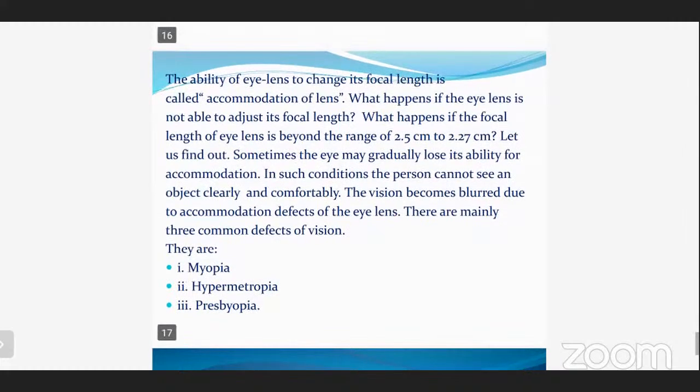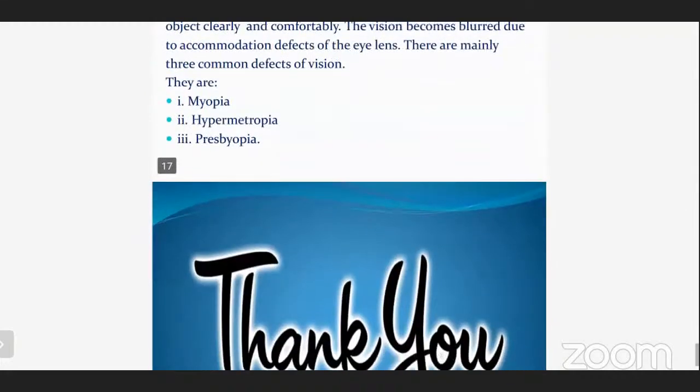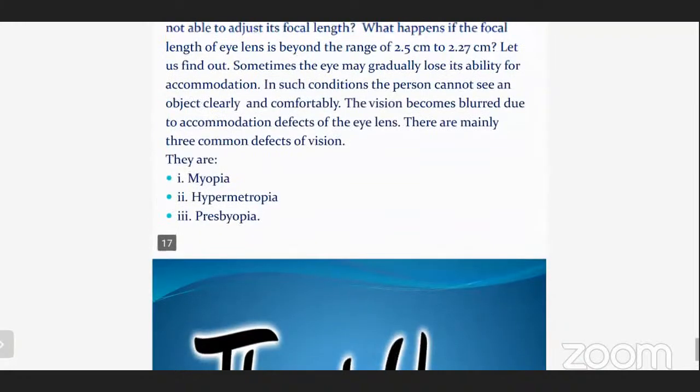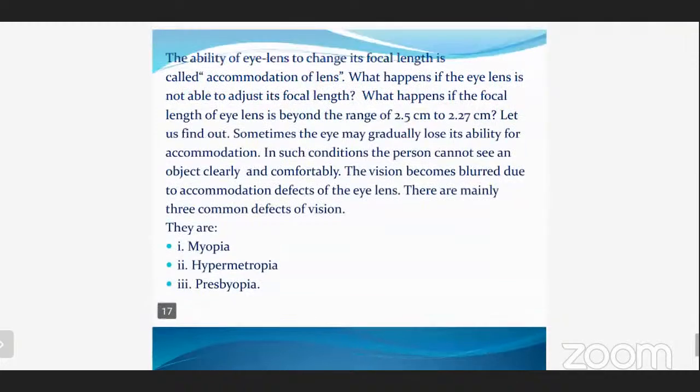For healthy adult people, there is no change. The focal length is between 2.27 and 2.5 centimeter: minimum focal length is 2.27 centimeter and maximum focal length is 2.5 centimeter. Healthy human being.